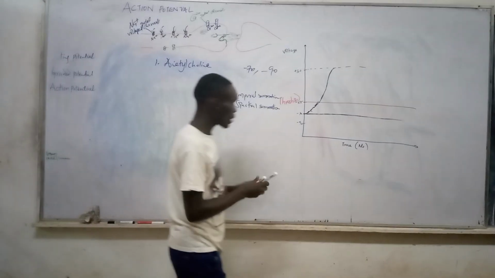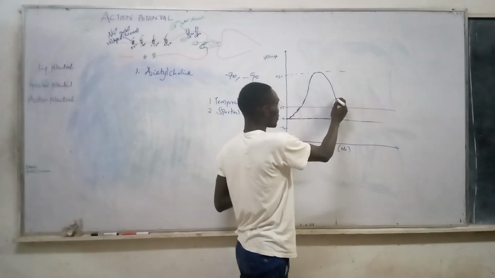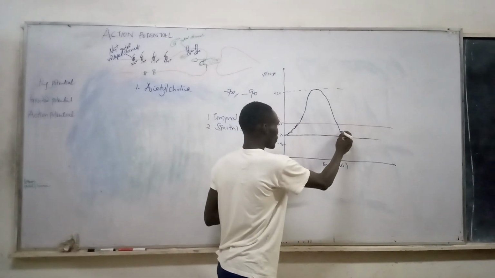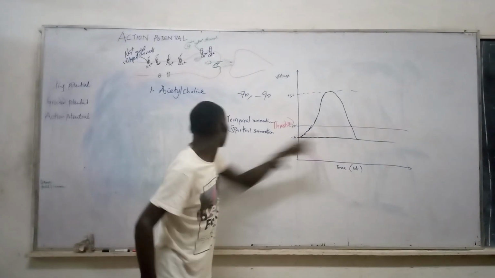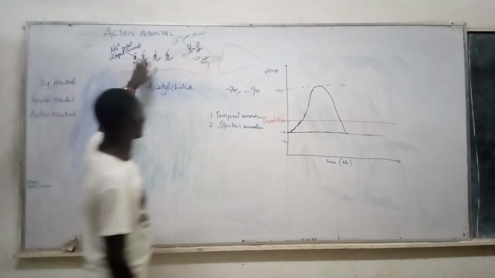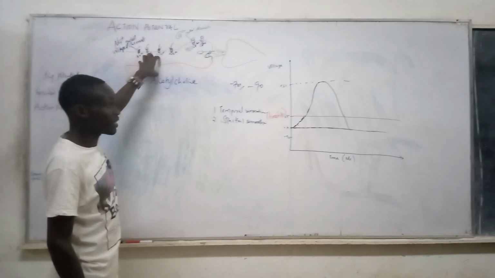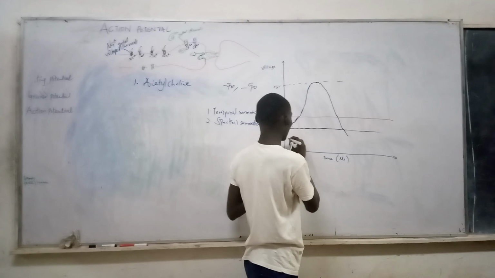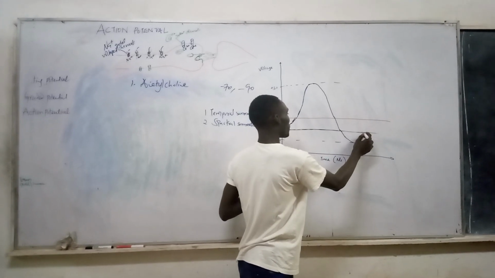So the charge of the membrane now starts to decline up to its resting potential. As more leakage of potassium ions progresses, the membrane can go past negative 70, up to negative 90.